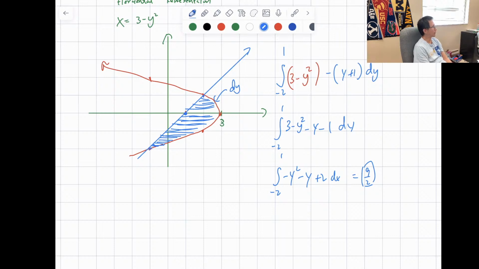Now, here's the thing. Some question says, hey, Mr. Ye, why can't I do top minus bottom here? Pay attention to why I cannot, because it's both top and bottom. For this part, it's okay. For this part, it's okay. You can choose the negative part, but for this part, it's the same function. You have to do top minus bottom correctly, otherwise you will not get it correct.